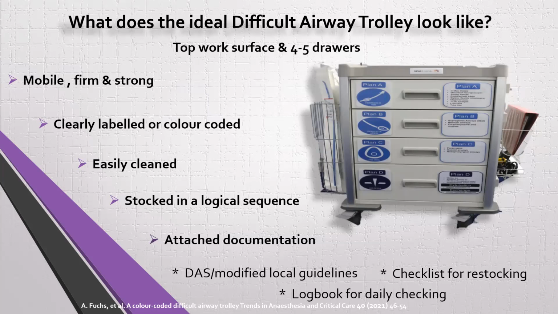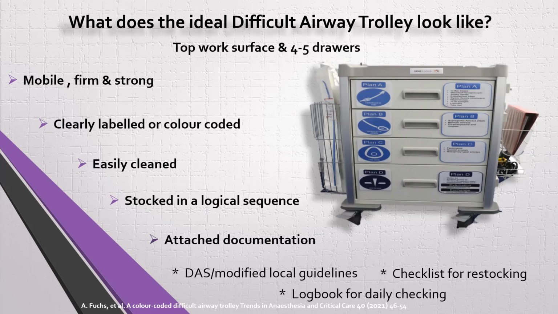It should be easily cleaned, stocked in a logical sequence, and the attached documents include the Difficult Airway Society or modified local guideline, or ASA guideline for difficult airway, a checklist for restocking, and a logbook for daily checking. These are the criteria of the ideal difficult airway trolley.